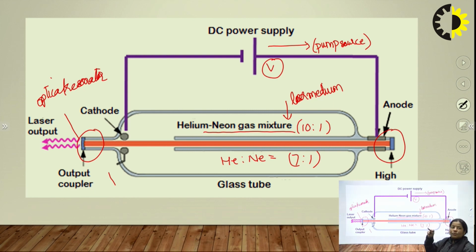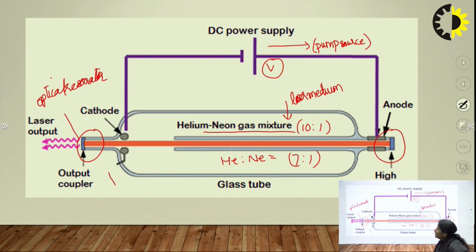That means the electrons transfer their energy to the helium and the neon, and with the help of that energy, the gases obtain larger energy values. And they produce the laser beam, and then the role of the optical resonators comes.